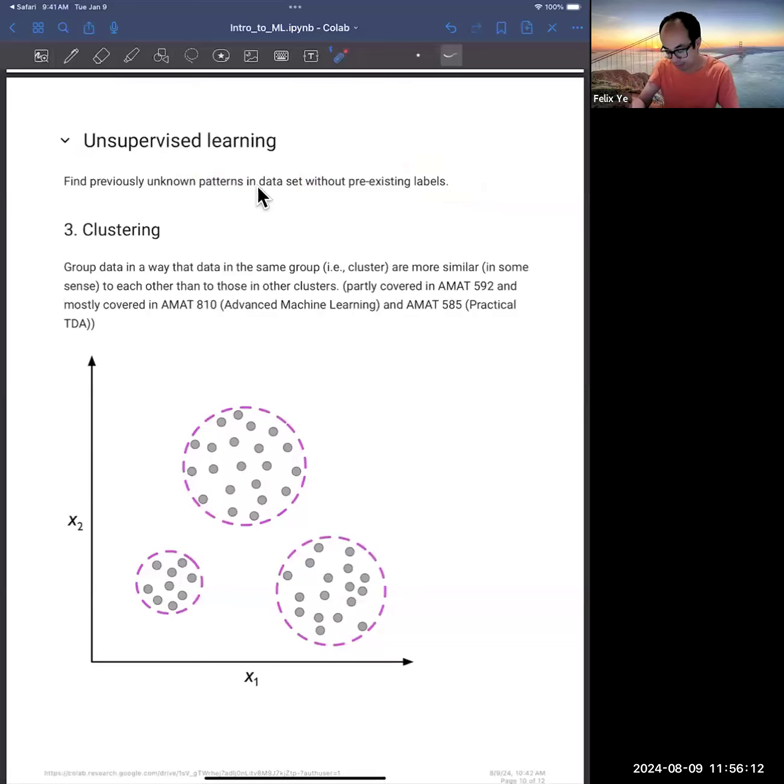If you only have the data, for example right here, you don't have the labels at all, and we only have points in R2. We can build clusters: say I have a cluster right here, a cluster right here, and a cluster right here. If we can build that kind of cluster, we can assign labels to each cluster. For example, this is cluster 1, this is cluster 2, and this is cluster 3.